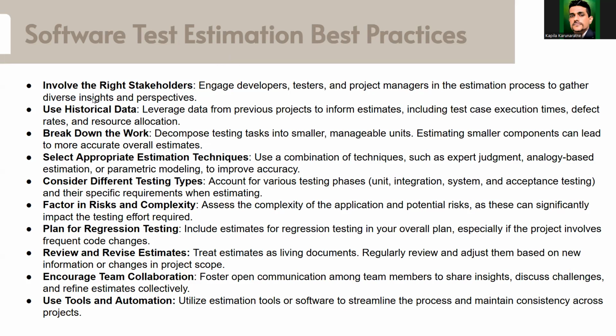Basically, if we have the correct stakeholders, correct developers, testers, and project management, it's easy, because if you have experts, it's easy. And if you have historical data, like large data sets on previous estimations, similar projects, and metrics, that's easy. And the correct breakdown structure: how to break down work into smaller manageable units.